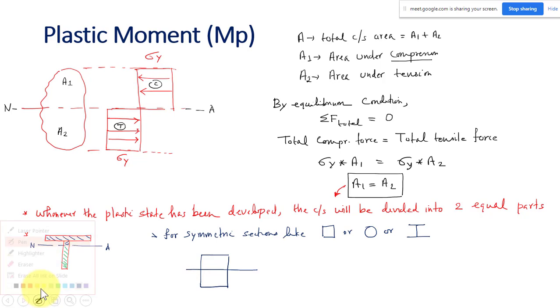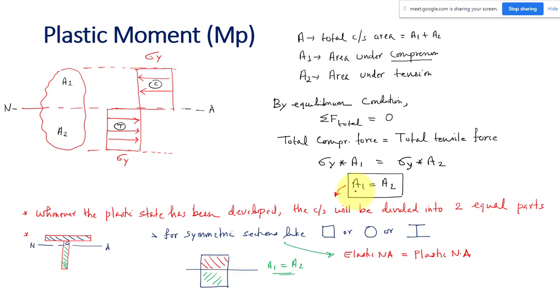So automatically the area under compression and the area under tension, A1 and A2, will always be equal. That is why, for a symmetric section, the elastic neutral axis and plastic neutral axis will be the same, because this condition is already satisfied.